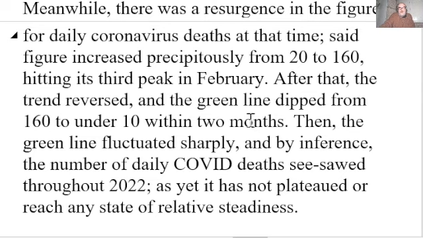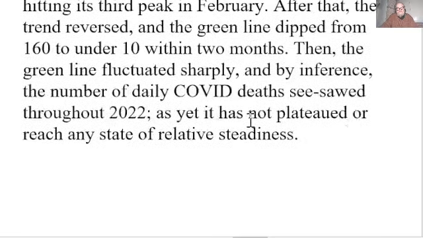Then the green line fluctuated sharply, and by inference, the number of daily COVID deaths seesawed, good word, throughout 2022. As yet, it has not plateaued or reached any state of relative steadiness.